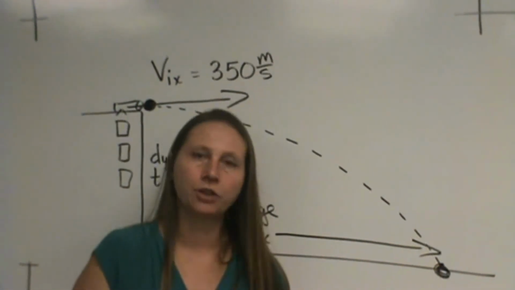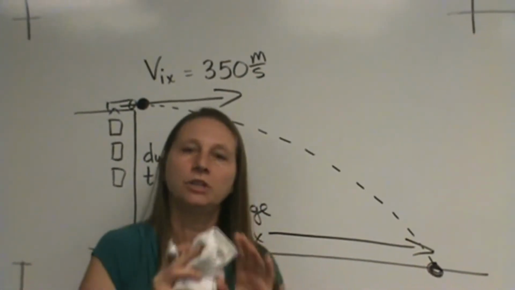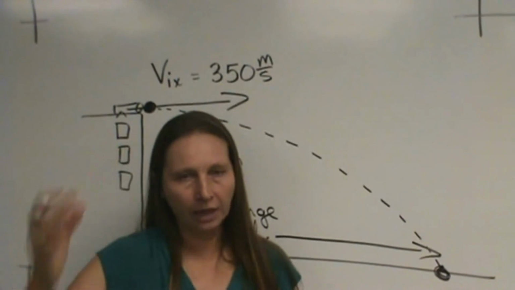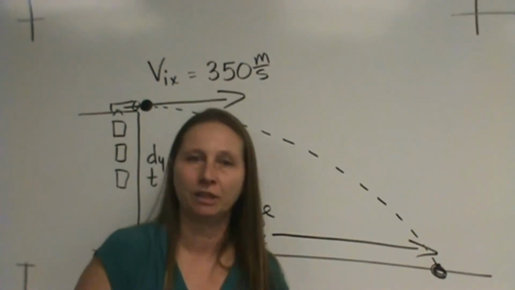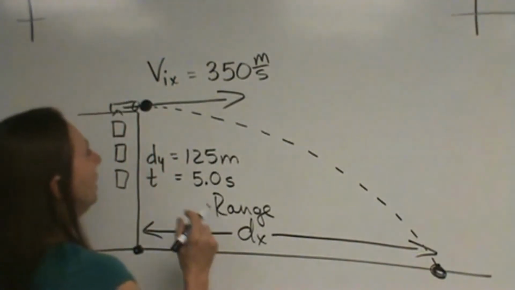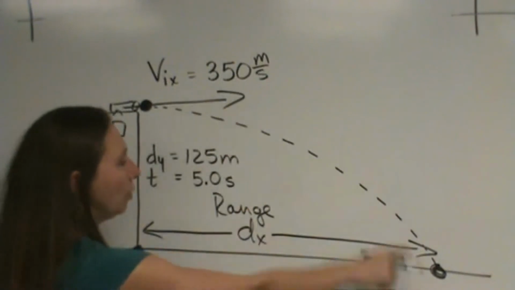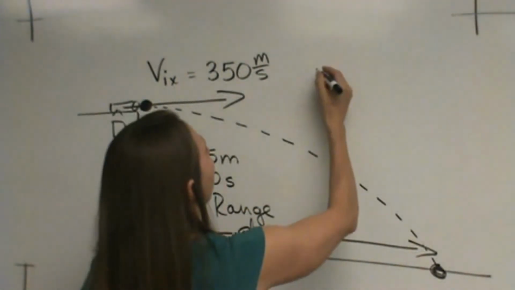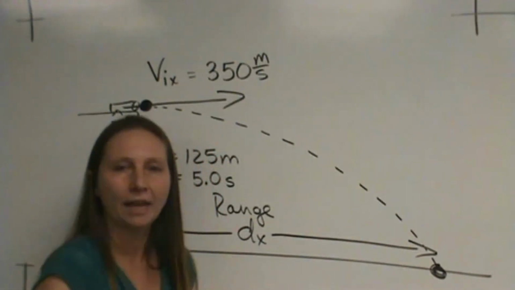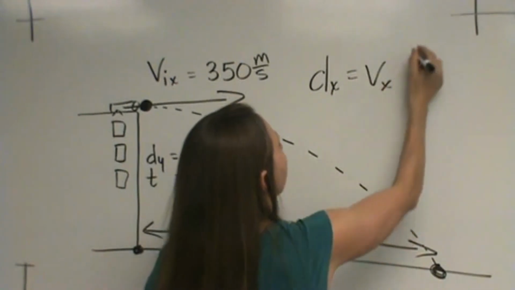But if you want to know how far the cannonball goes, where does it hit the ground over here, all right, then your equation is going to be the range equation. dx equals vx times t. The velocity in the horizontal direction is 350 meters per second. The amount of time to hit the ground is 5 seconds.